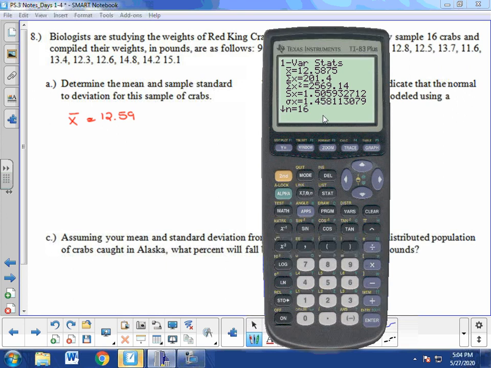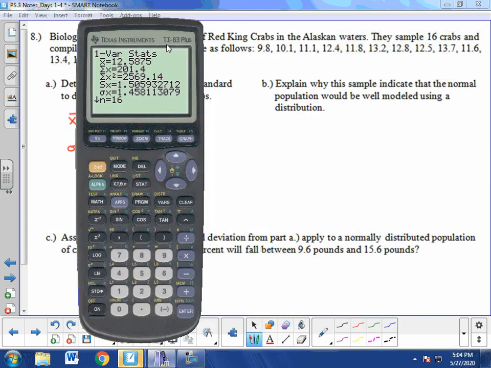So if we knew this was the entire population, we surveyed everybody, the entire population was represented here, our standard deviation would be this value. So 1.458 would round to approximately 1.46. Let's go to 2 decimals for now.